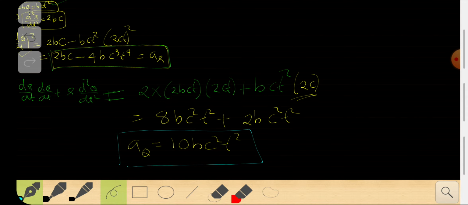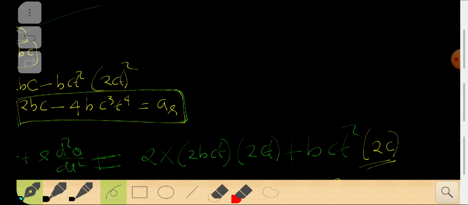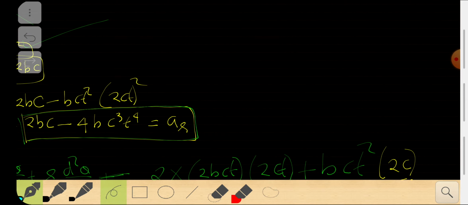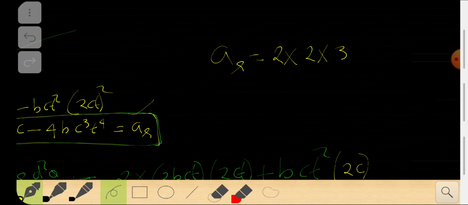So for a_r, I'm going to do it here. a_r will be equal to 2bc minus 4b c cube t raised to 4. That's 2 times b, which is 2, times c, which is 3. I hope I'm right. Yes, 3.